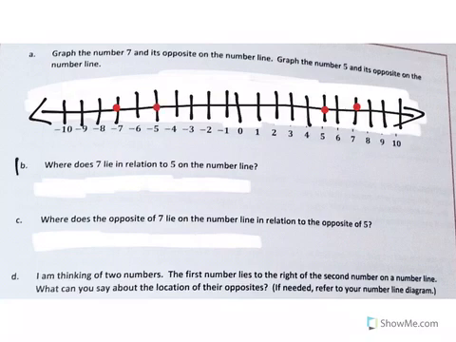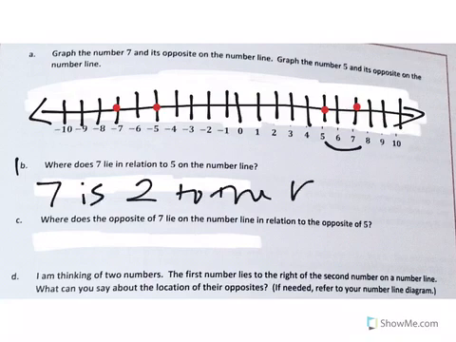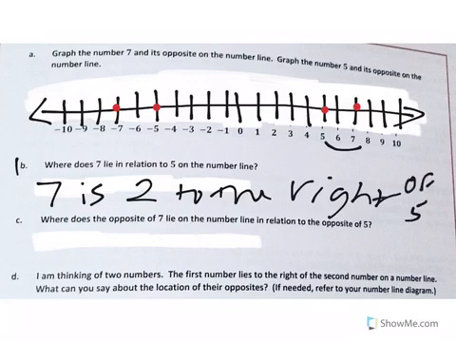Question B, where does 7 lie in relation to number 5 on the number line? Well, 7 is 2 to the right of 5, right? So 7 is, of course, larger. Where does the opposite of 7 lie on the number line in relation to the opposite of 5?